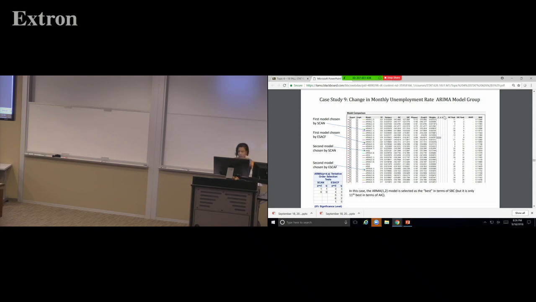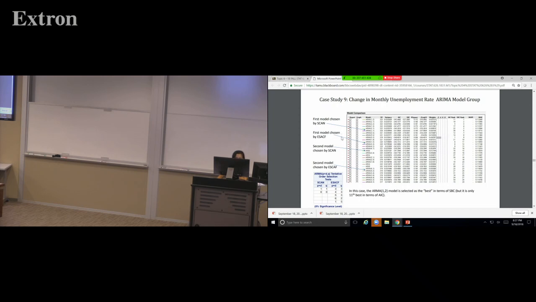Okay. So looking at this output, we're able to locate the SCAN and ESACF ideas for the models to investigate. And so with the idea for SBC, we're looking for a parsimonious model. So looking here, this was the first model that was chosen by SCAN. It was an ARMA 1,1, and it has a rank of 6, right?